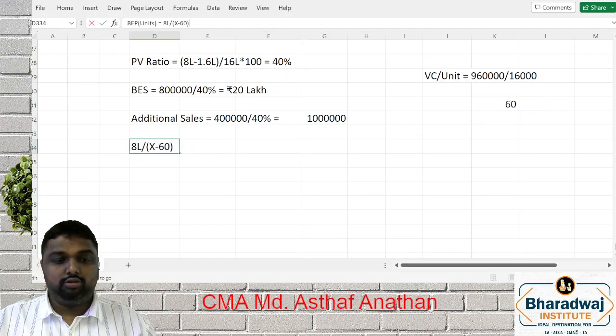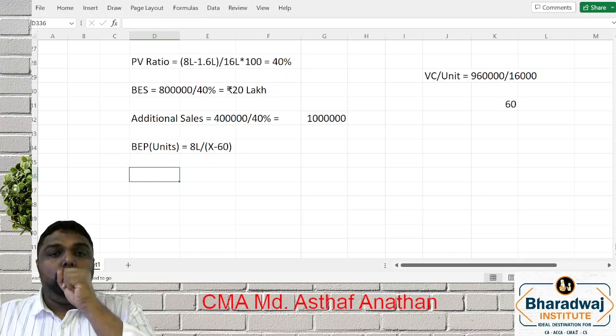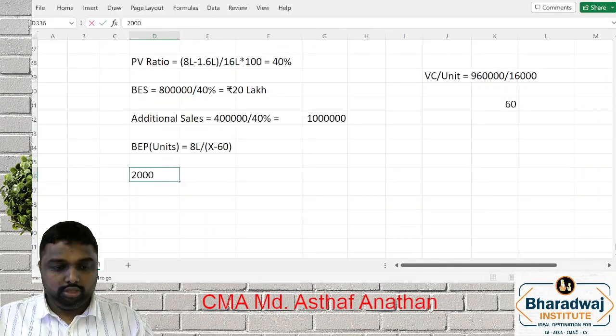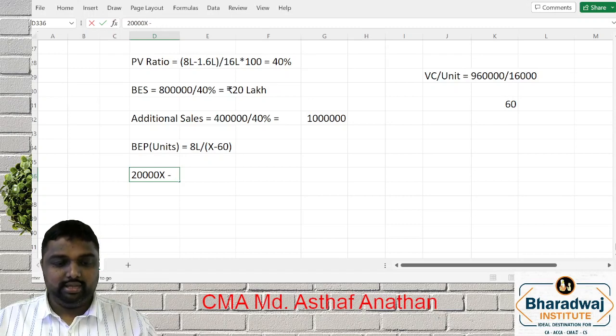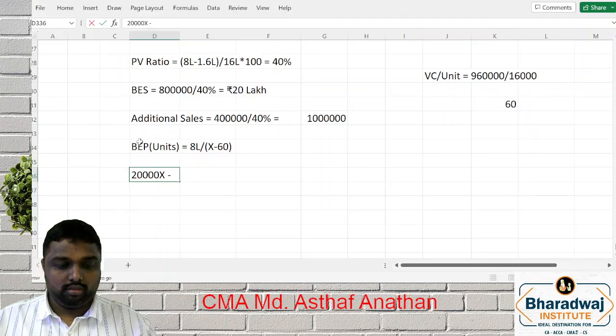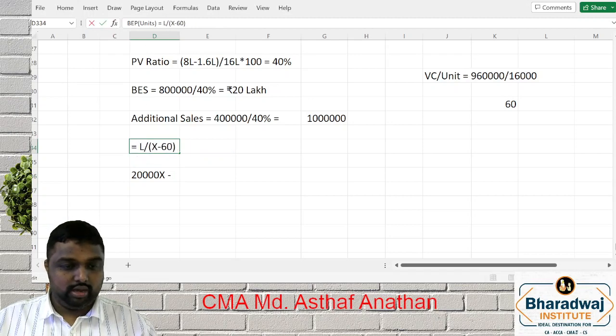So we have to do reverse way. What is the break-even 1,000 unit? So 20,000 x minus. Yes, fixed cost it will be 12 lakh because additional.